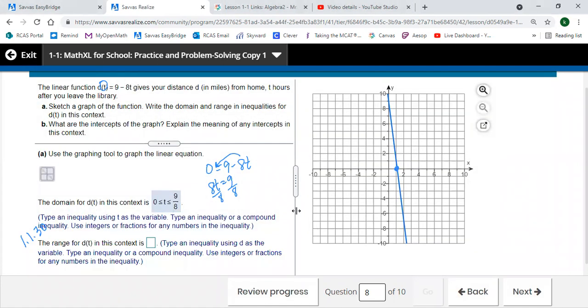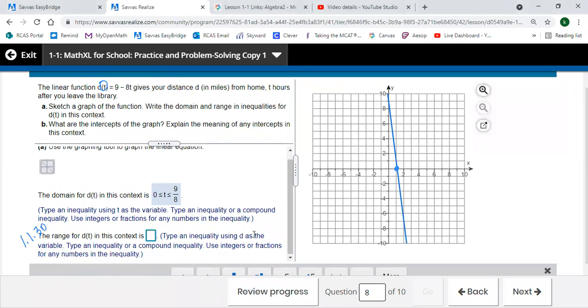Okay. So then they move on now and they say, well, what about for the range? That's the y's, remember? And in this case, that's your distances. But again, your distance cannot be negative. So this part of the graph is out. And then because over here, your time can't be negative. So it's just, what are these 2 times? And so right here, they say use a D as the variable there.